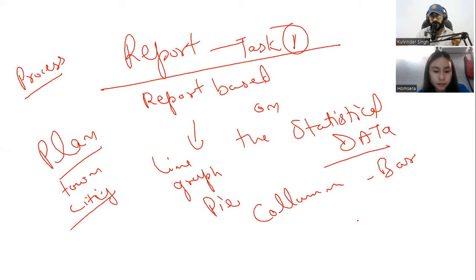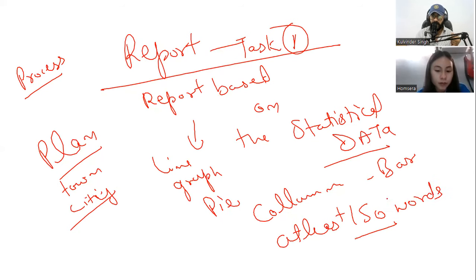That report has to be written in at least, I'm using the words here, at least 150 words. Writing more than 150 is your wish, but you shouldn't be writing less than 150. Clear? This is something that you need to do in 20 minutes. This is an advisable time.